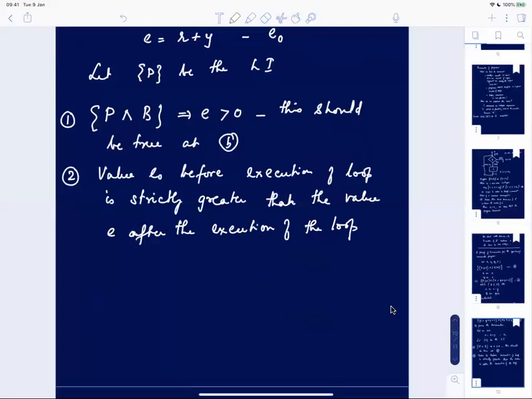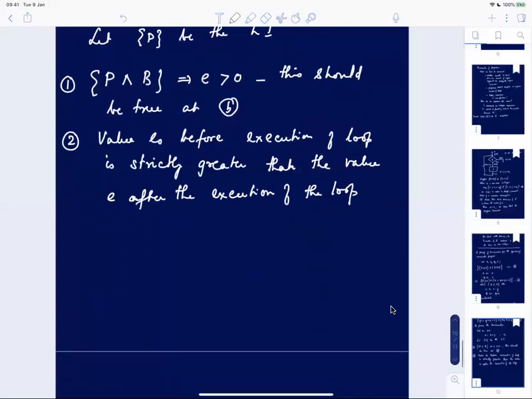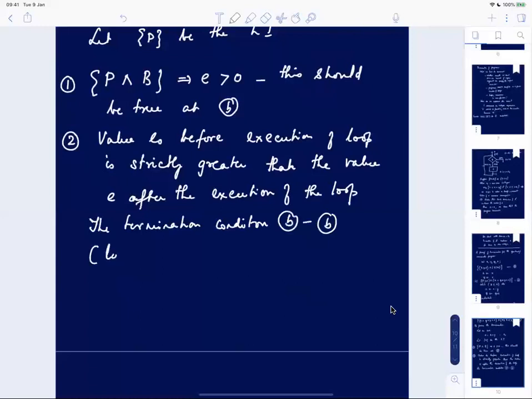So let's see this. What do we need now? This means the termination condition from B to B, where the loop is entered again, must be true.